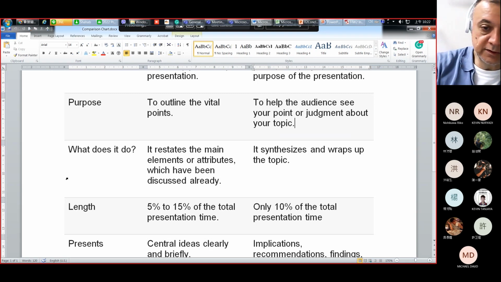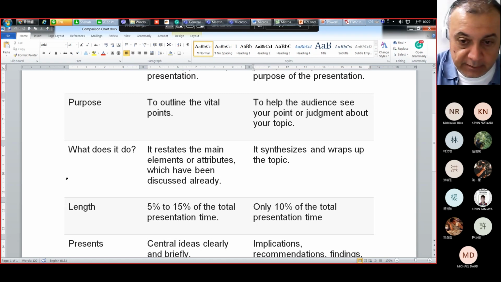The summary, like I said, is a mechanical way of repeating the main elements that are discussed in your presentation. But the conclusion kind of synthesizes, combines, and makes sense of what you just presented.